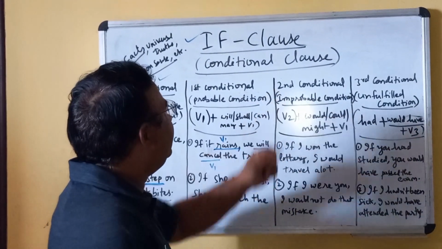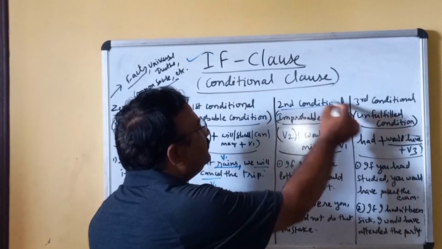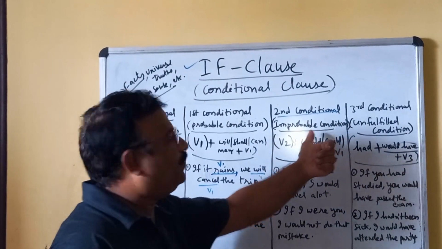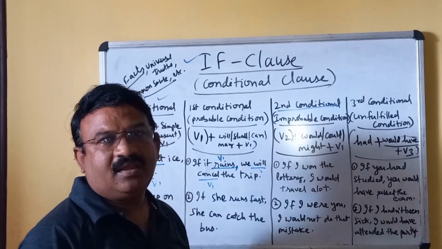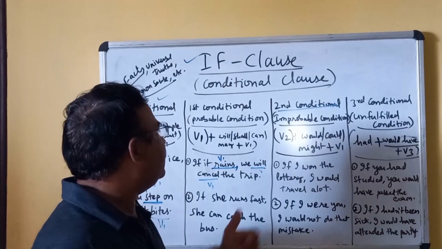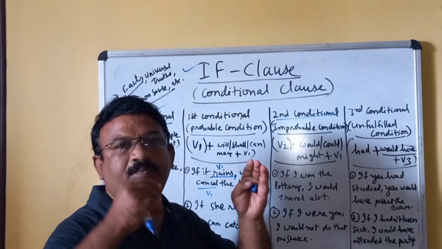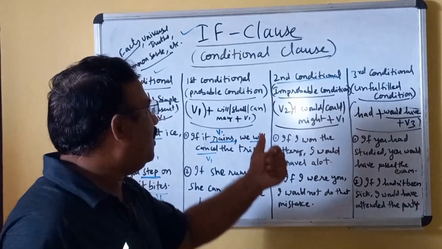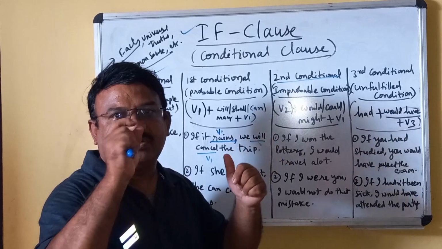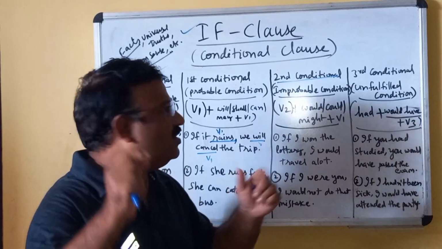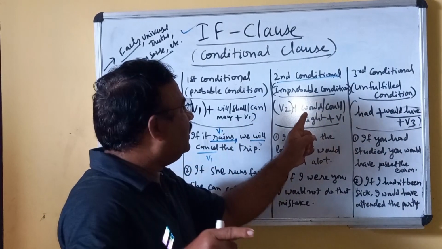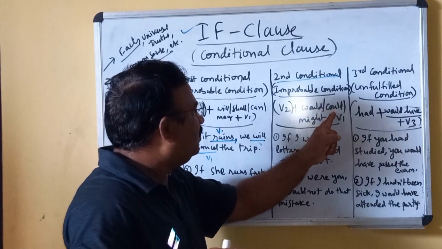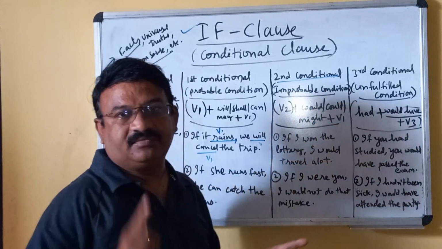And the second conditional clause. This is the improbable condition. Improbable means impossible. So if the conditional clause is V2, the main clause will be would or could or might plus V1.